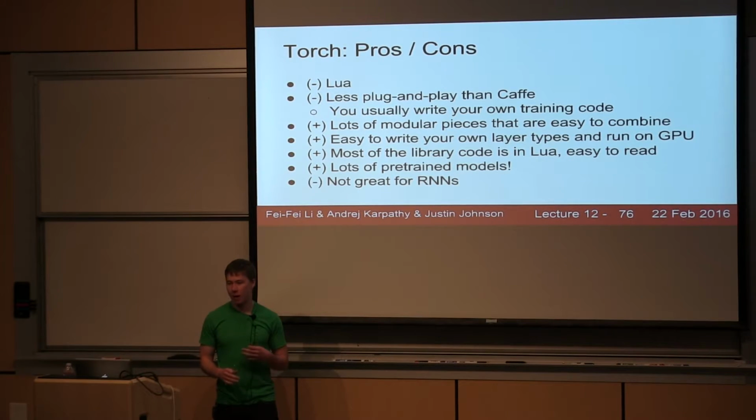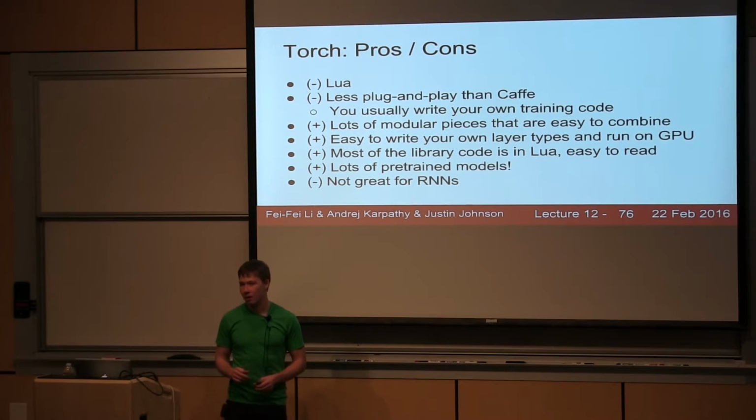And the standard library, because it's all written in Lua, is quite easy to read and understand. There are a lot of pre-trained models, which is quite nice. But unfortunately, it's a little bit awkward to use for recurrent networks in general. When you want to have multiple modules that share weights with each other, you can actually do this in Torch, but it's kind of brittle, and you can run into subtle bugs there. So that's probably the biggest caveat, that recurrent networks can be tricky.